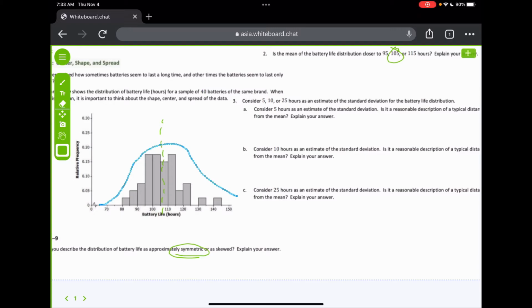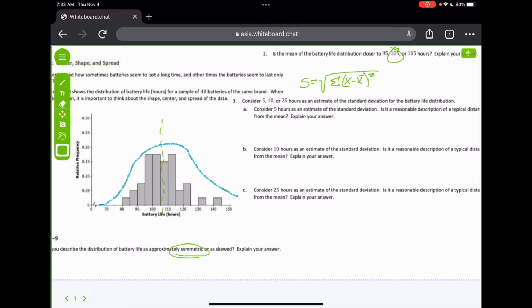And the formula for that, if we were to sit down and actually calculate it instead of just looking at a graph, is called S, and then you're going to have a square root, and it's going to be the sum of all the numbers minus the mean.